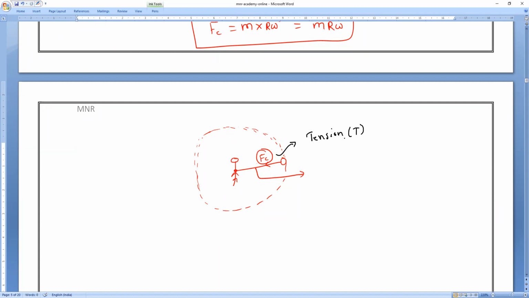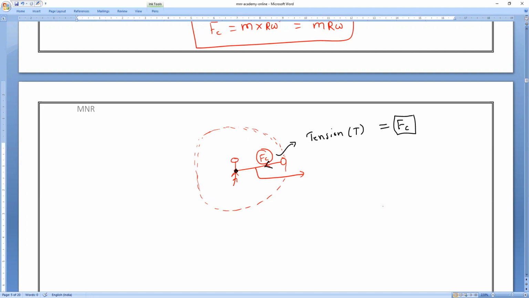That is what we call tension, T. The tension which is acting towards the center, we call centripetal force.